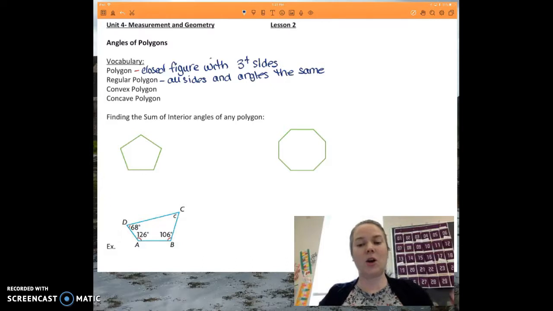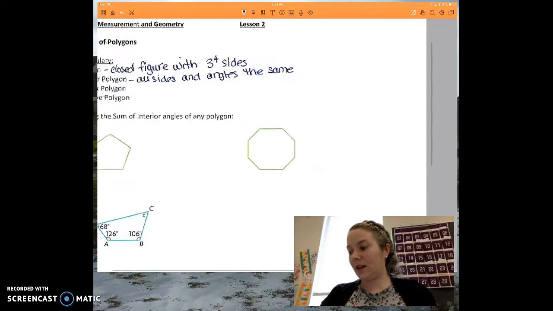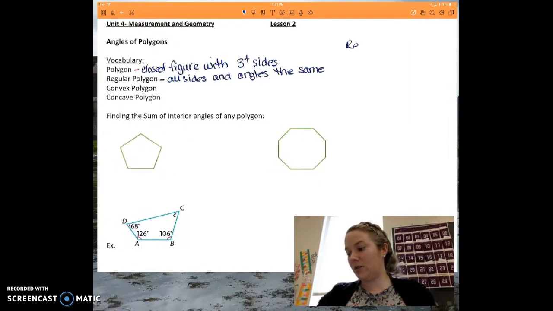A square has all sides exactly the same length, and all the angles of the polygon are 90 degrees. So that's a regular polygon. So if we make a little chart over here with regular, and we'll put a square. Okay, so all sides and all angles equal.